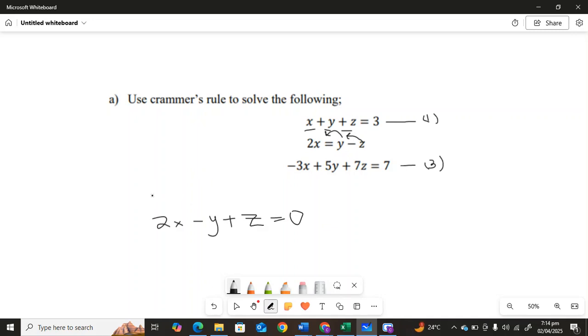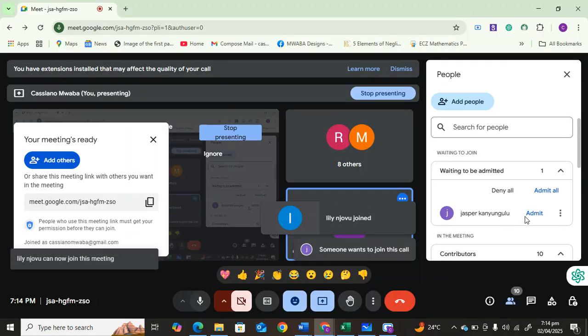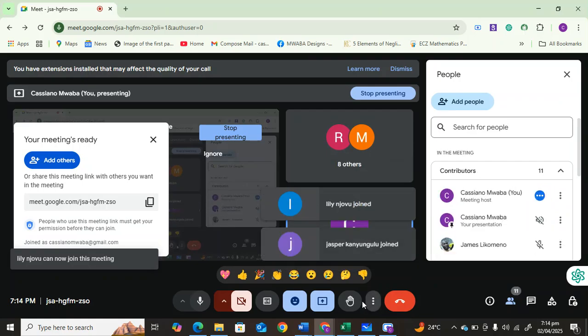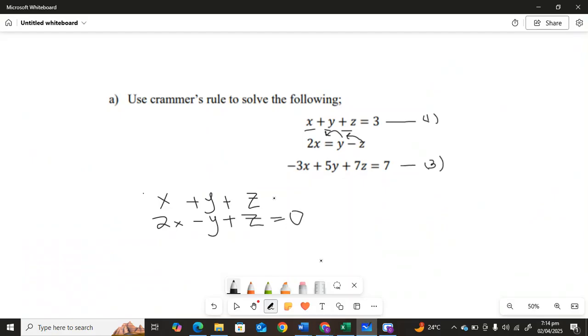So here the equation is x plus y plus z equals 3.